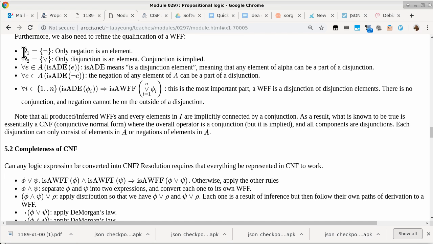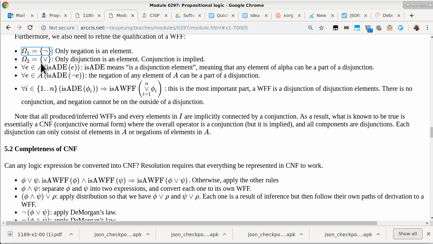So we first start with omega 1, okay? Omega 1 is just negation, just like before, because remember the subscript of omega indicates how many operands it requires. So the only operator in Boolean algebra that takes one single operand is negation. Same as before, nothing has changed.